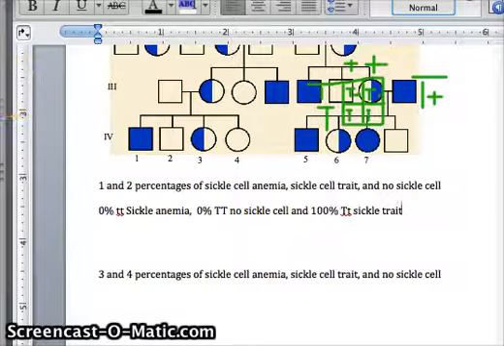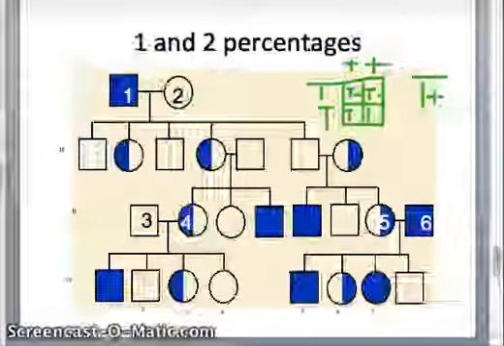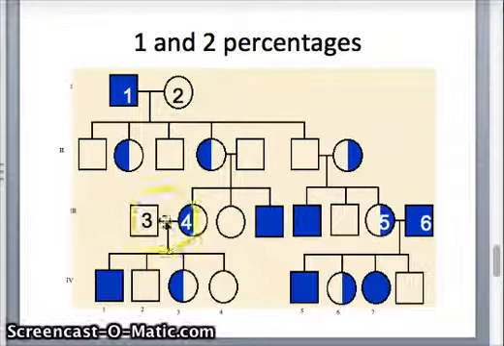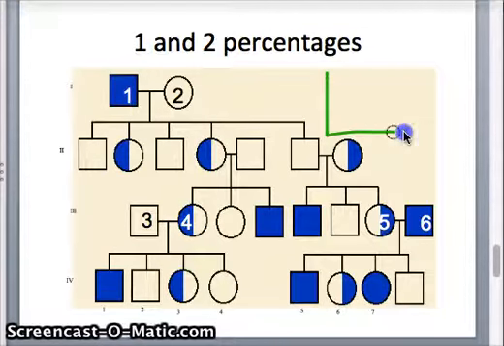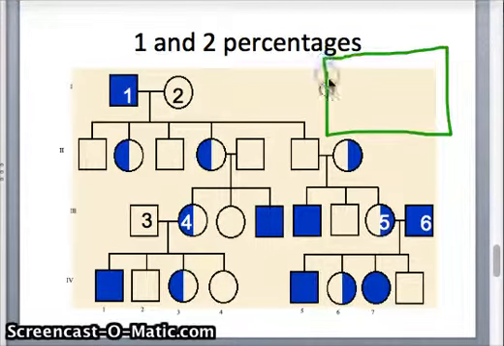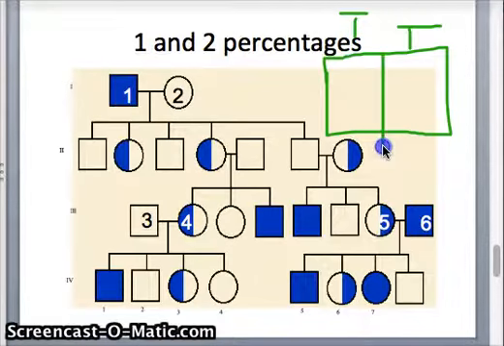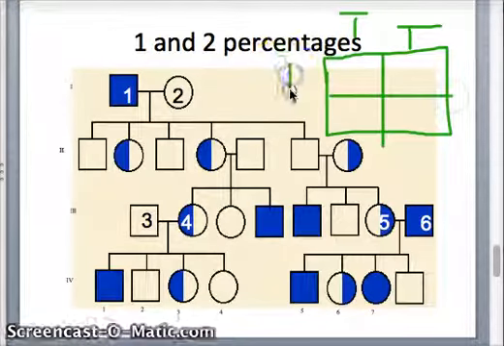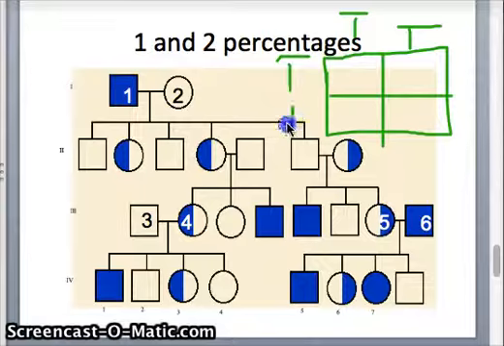Alright, so we'll do one more here quick. So 3 and 4 are down here. So now we do our Punnett square. So number 3 is big T, big T. And number 4 is big T, little t. So you fill it in.